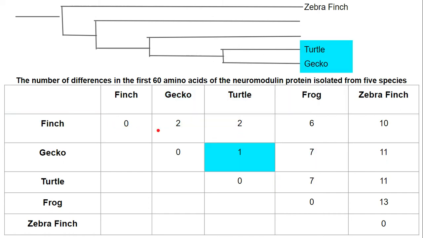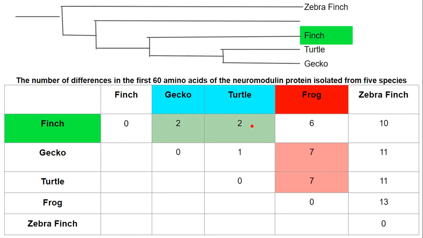Okay, so the two that we don't have are finch and frog, right? So when I look at finch and frog, these aren't necessarily going to be the same numbers here, okay? And I'm picking one. I'm not just putting two in, because it's not finding these that are closer, that are linked together, because the finch is more linked into these guys than the finch is linked into this turtle one, or the frog one.